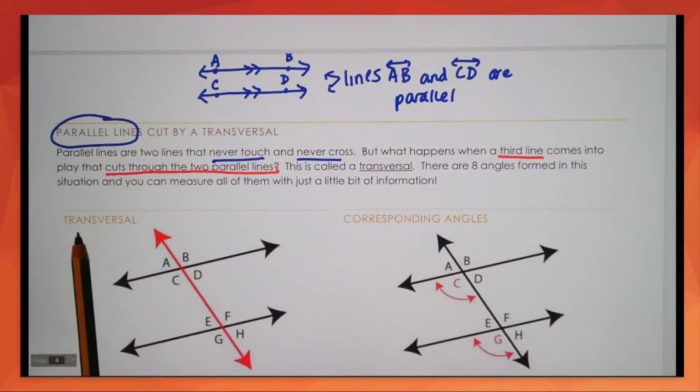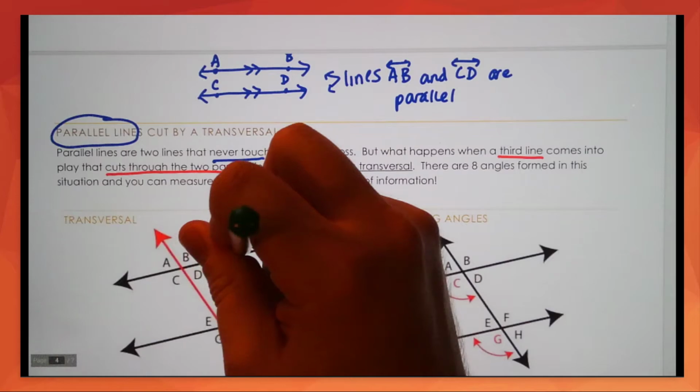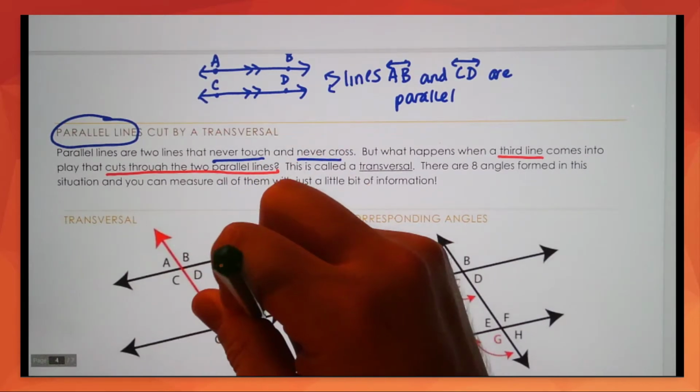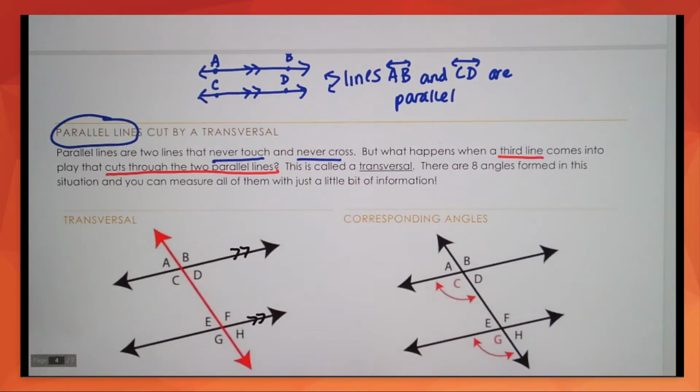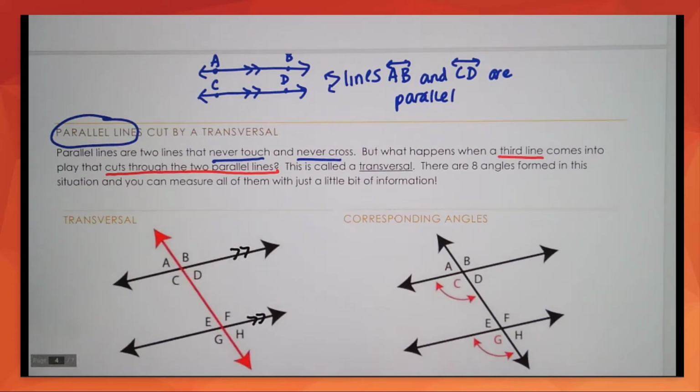So if we look at our first diagram here, here is the drawing of what a transversal is and what it does. First things first, they forgot in this diagram to put that these are parallel. So I'm just going to add those symbols. Now you know that those two are the parallel lines. And then you have the red line which cuts through them, which is called the transversal.